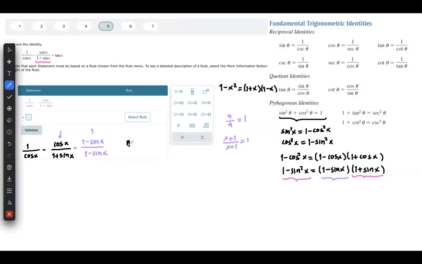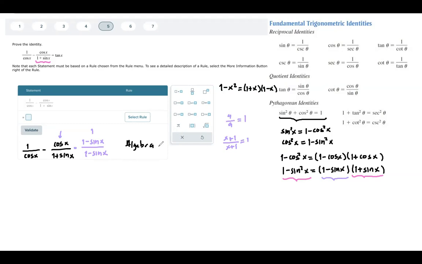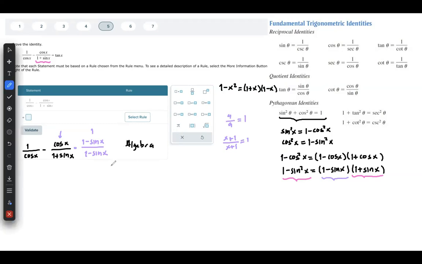So this is algebra. Now that I have done that, I'm going to actually do the multiplication. So I'm going to keep the 1 over cosine of x minus, and the numerator is going to end up as cosine of x multiplied by 1 minus sine of x. And down here, if you notice, we have 1 plus sine and 1 minus sine.